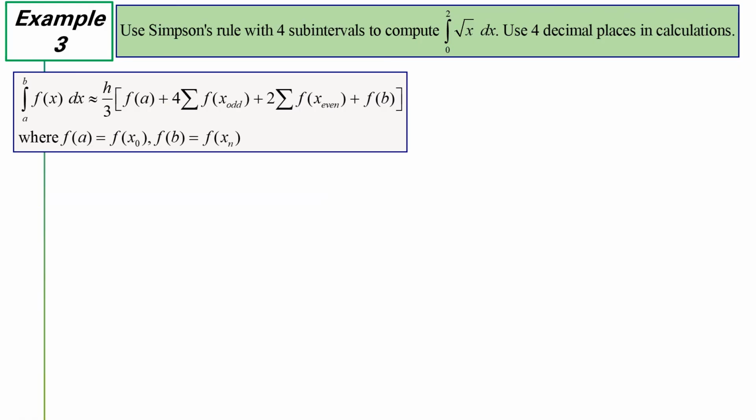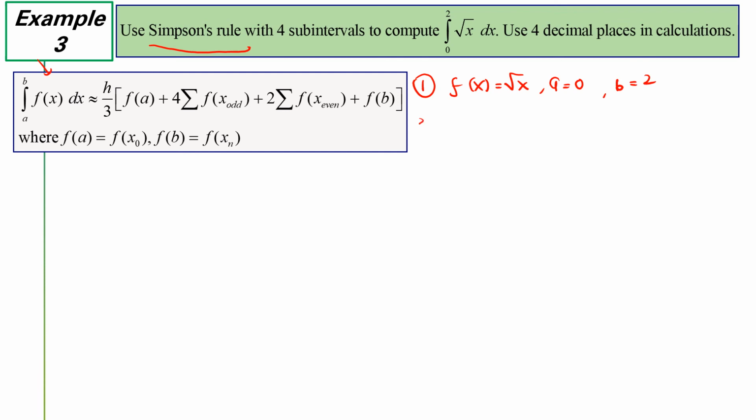For example 3, we use the same question as example 1 and example 2, but now we have to use Simpson's rule. This is the formula for Simpson's rule. Same steps: first you need to determine f(x) equal to the square root of x, a equal to 0, b equal to 2.